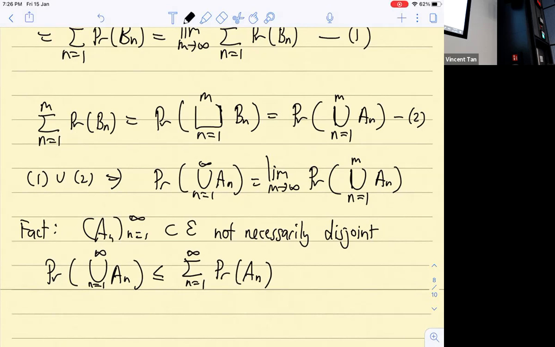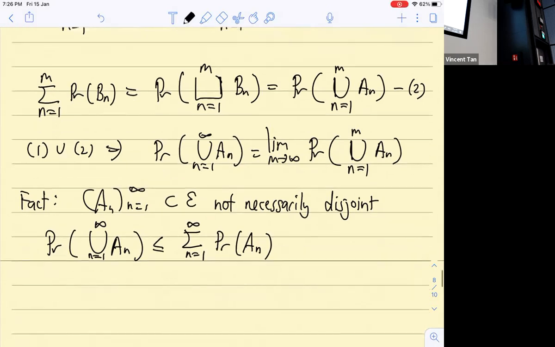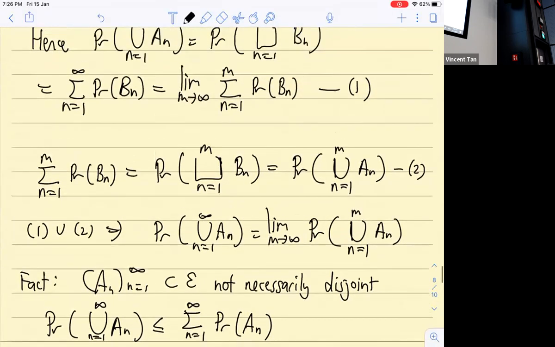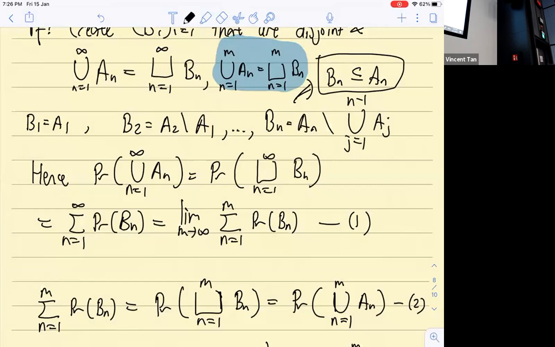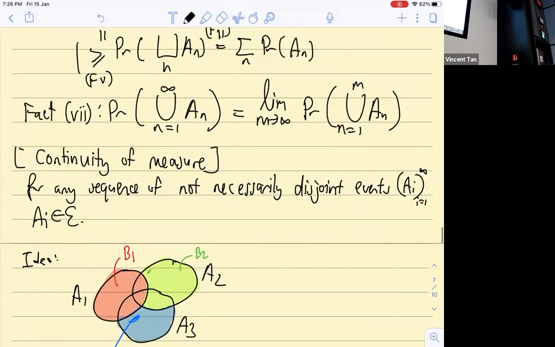So how do we show this? We have already shown it actually. The left-hand side is the probability of the union of infinite An, n equals 1. But this, by the previous fact, the previous fact is fact number 7, right?